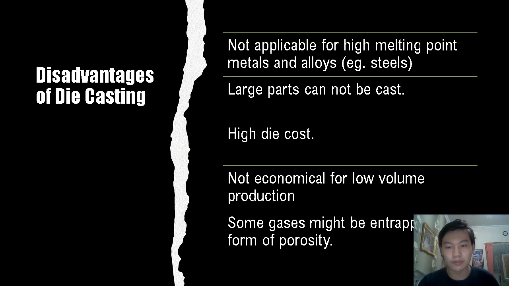This is because the mold used is a permanent mold, which can be used for a lot of time, and it is very expensive to make one. But for low volume production, the mold is usually used just a few times, which means it is not cost effective. And then the last disadvantage is that some gas might be entrapped in the form of porosity.